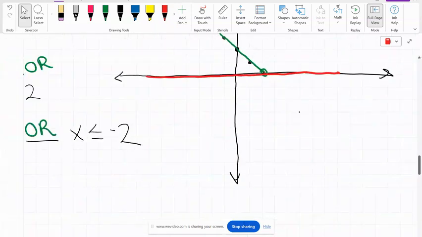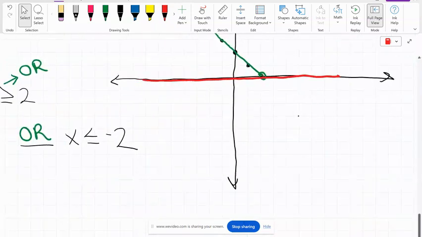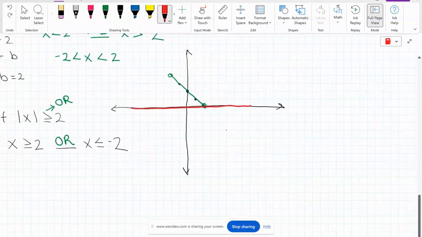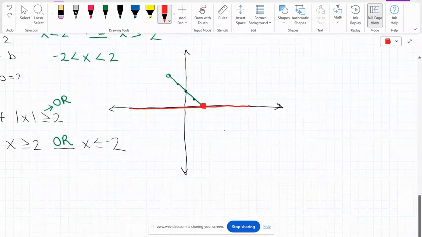So wouldn't that be a closed circle? Since there's already an open circle there, now I need to put a closed circle at that same spot. What am I going to do? Closed or open? Close trumps open, right? So we're going to close that, and then we're going to the right. Or x is less than or equal to -2. So that's a closed circle here going to the left.